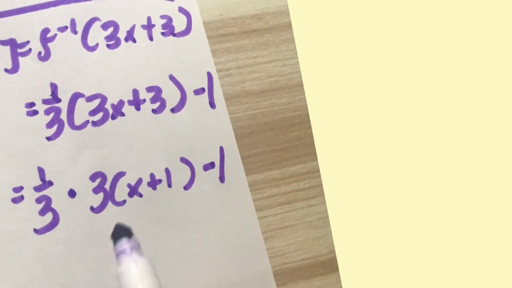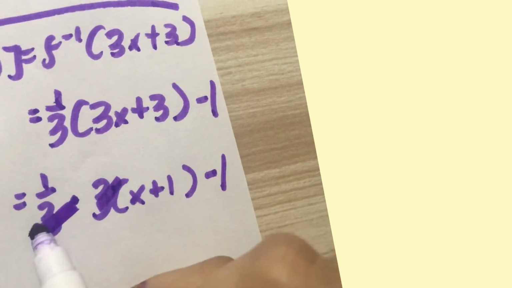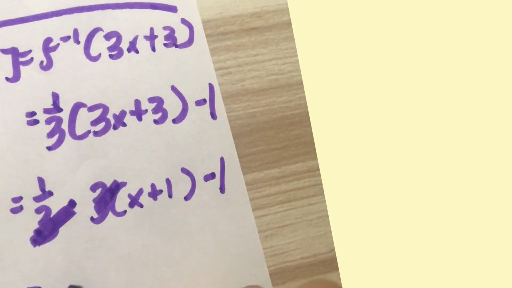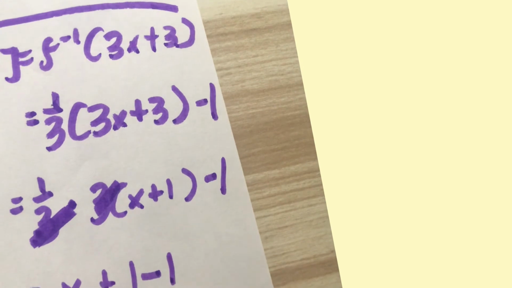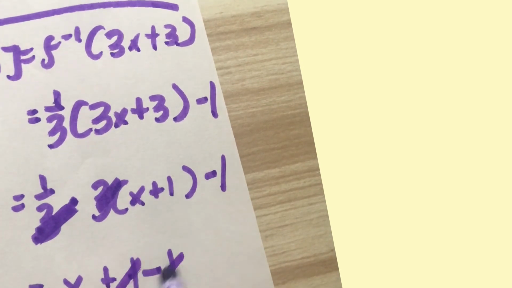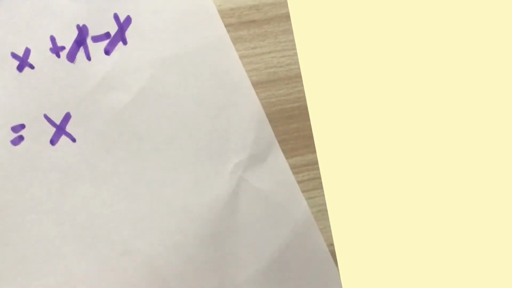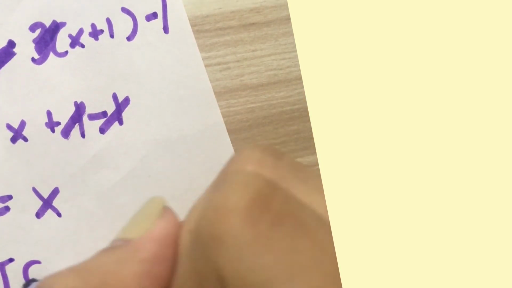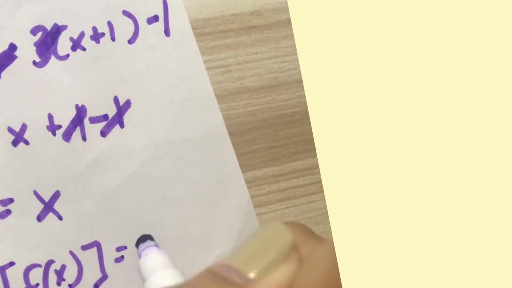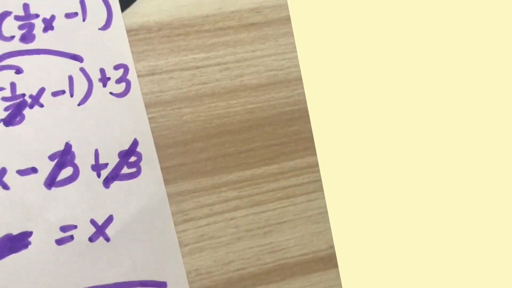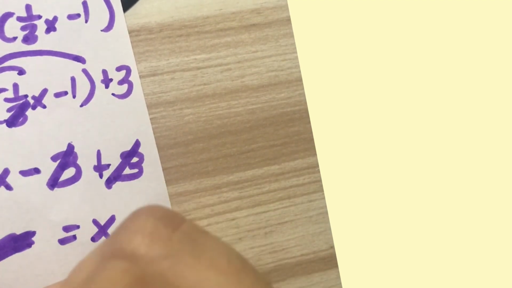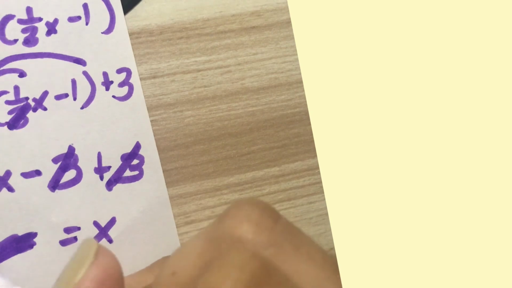So we could cancel out 3 here. We're left with x plus 1 minus 1. So we cancel out 1 and negative 1, leaving us with x. So since both of them equate to x, we now know that they are inverses of each other.